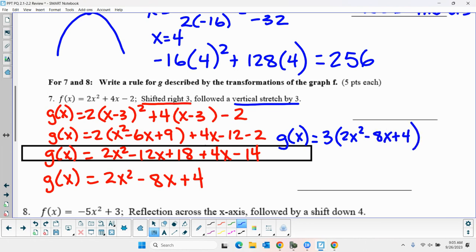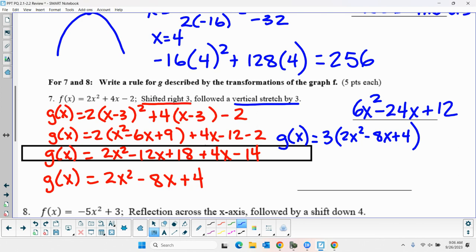So I multiply everything by 3. 3 times 2x squared is 6x squared. 3 times negative 8x is negative 24x. And 3 times 4 is 12. So there's our new rule for that function after we moved it right 3 and stretched it vertically by 3.